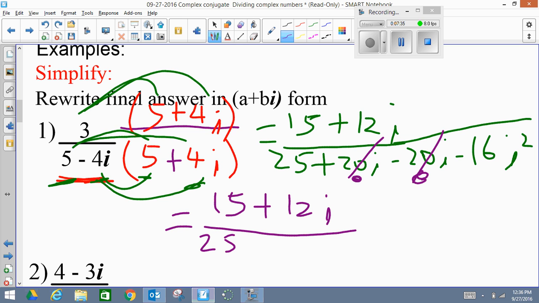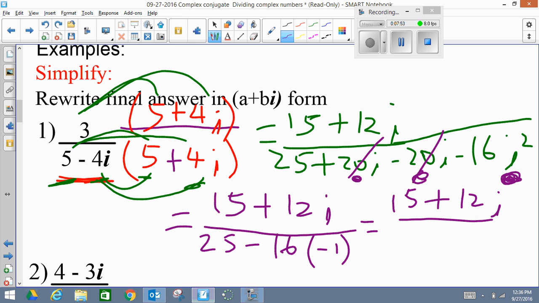I have left negative 16i squared. Instead of the i squared, I'm going to write negative 1. Keep going. 15 plus 12i over negative 16 times negative 1, which is positive 16. So I have 25 plus 16, and I'm almost done.